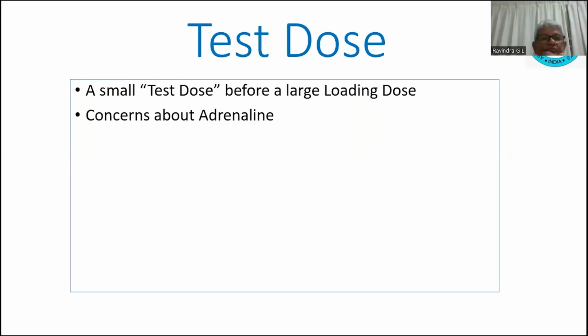Concerns about adrenaline, I don't know. In most of the institutions, they do not give adrenaline in pregnancy. Even for labor epidural, whatever it is, even for caesarean sections, if they want to load with the epidural, they don't want to give adrenaline. And our experience in Fernandez Hospital with more than 100,000 labor epidurals, and more than 13,000 labor epidurals with me, and many caesarean sections done with plain epidural only, we have no problems using adrenaline.